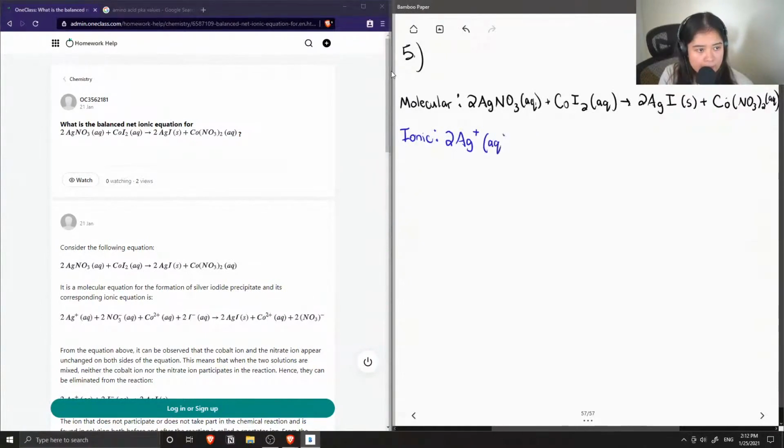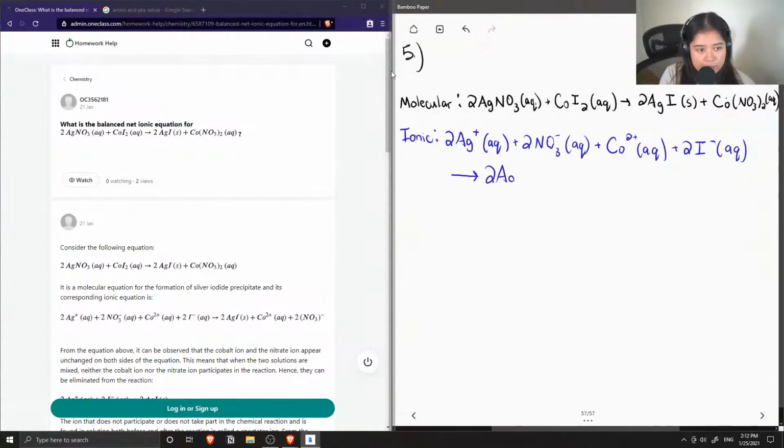So these are all aqueous. Plus the cobalt iodide. So cobalt has an oxidation state of 2+, and we have 2 singly charged iodines. Okay, so these are all of our reactants, and then I'm just going to continue writing the products down here.